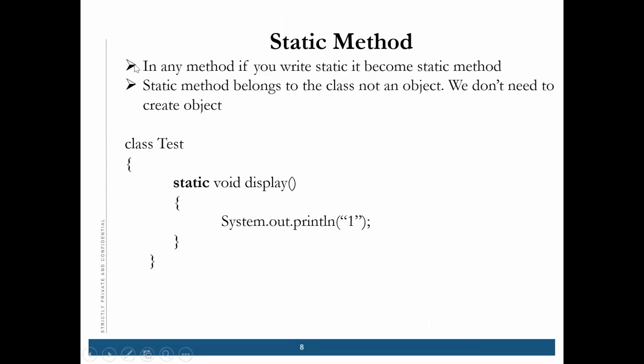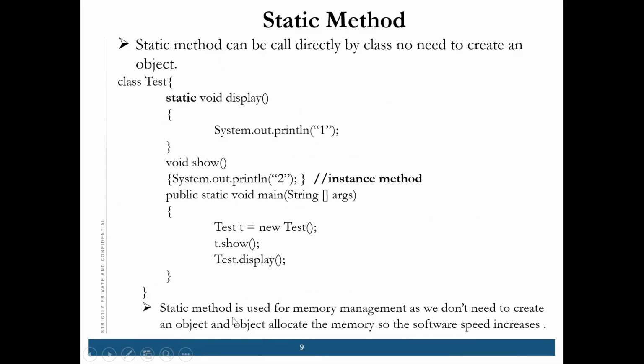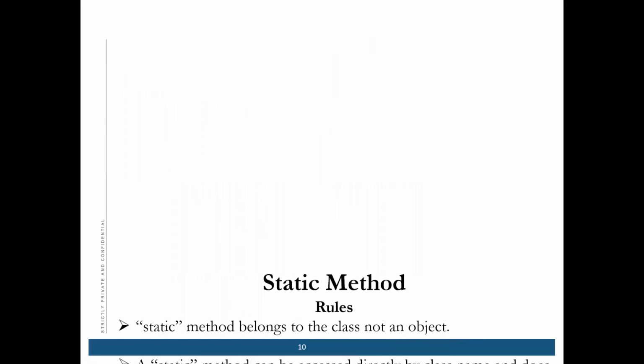Also, a static method belongs to the class, not an object. So we don't need to create an object here. These 2 points clear? It also helps in memory management. As we don't need to create any object, and an object allocates the memory, it increases your software speed.